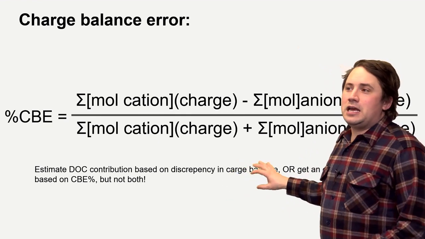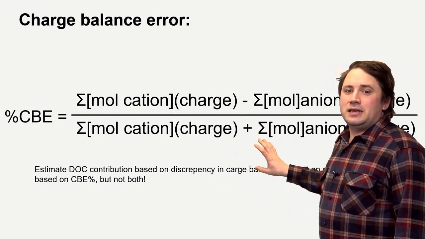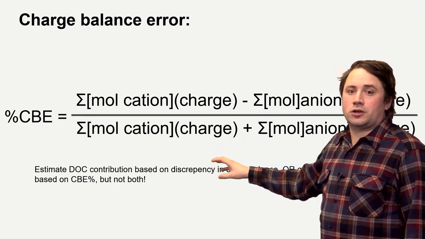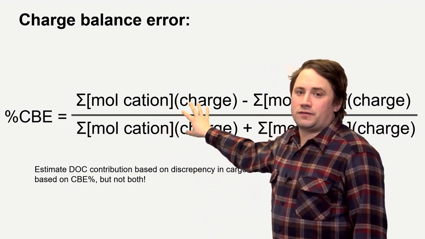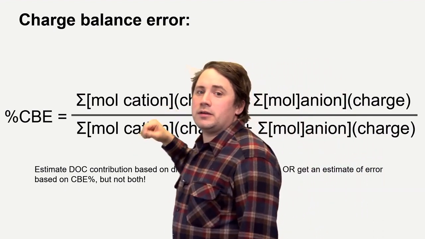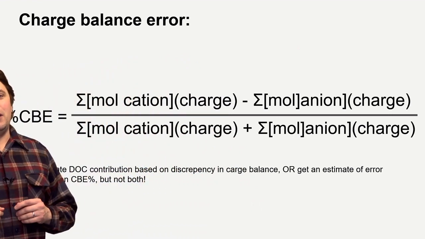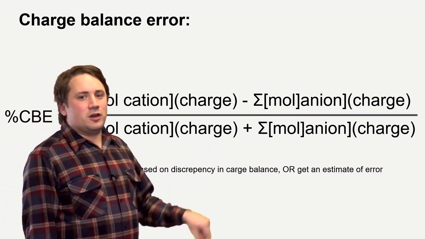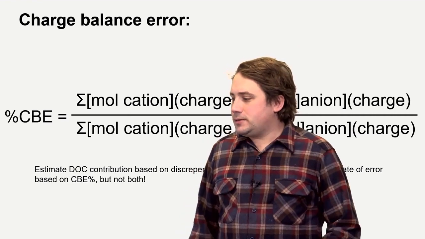Now it's important to note that you can either use this to estimate the amount of DOC that's contributing to anion charge, or you can use it for calculating the relative completeness of your chemistry analysis. But you can't use it for both because then you're trying to solve for two variables using only one equation, and that just doesn't work out.